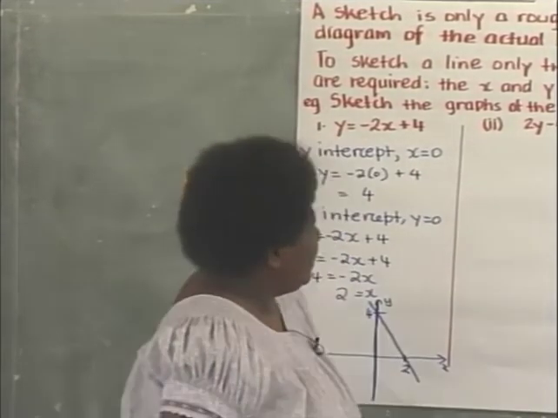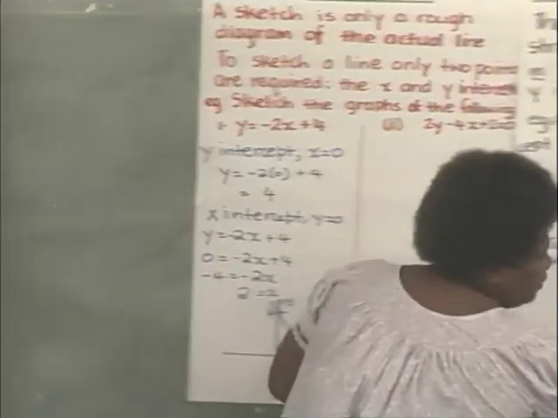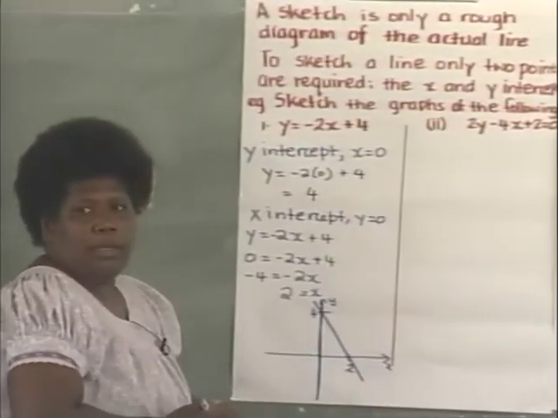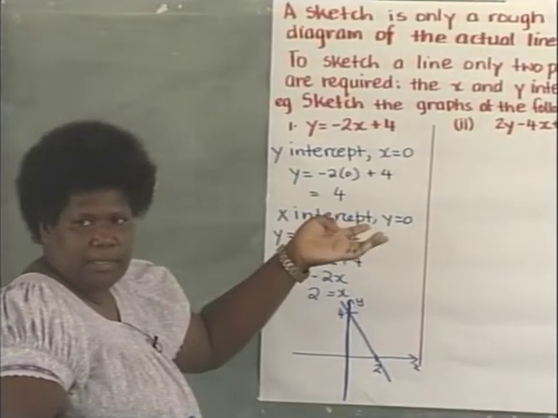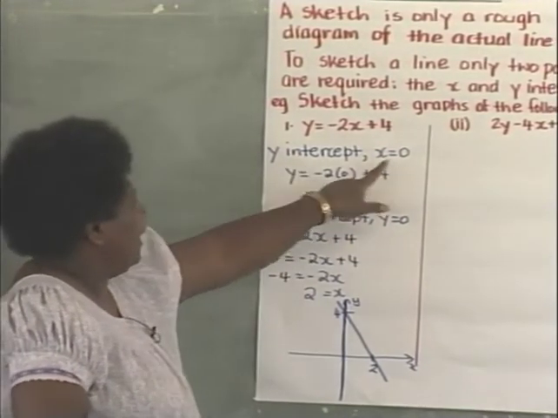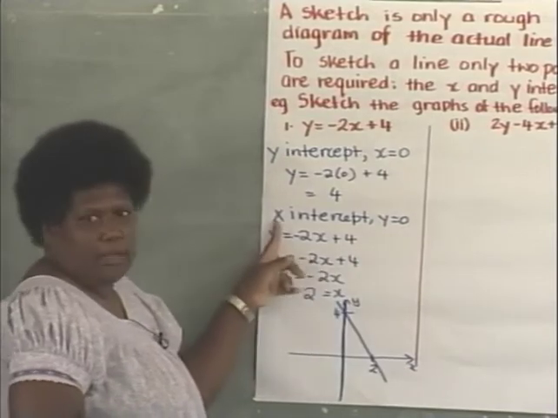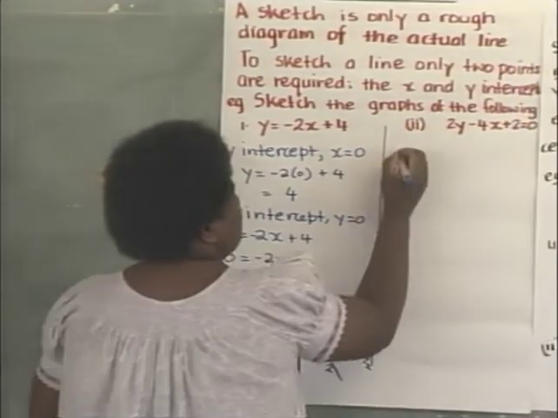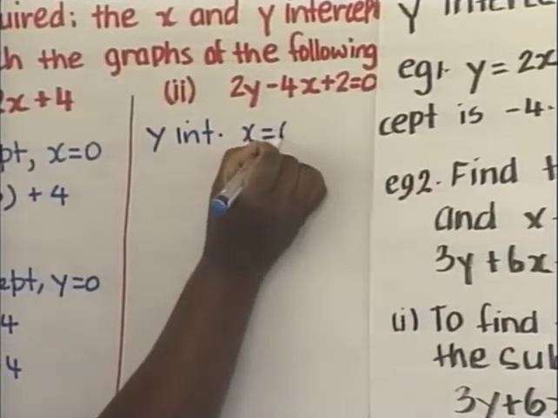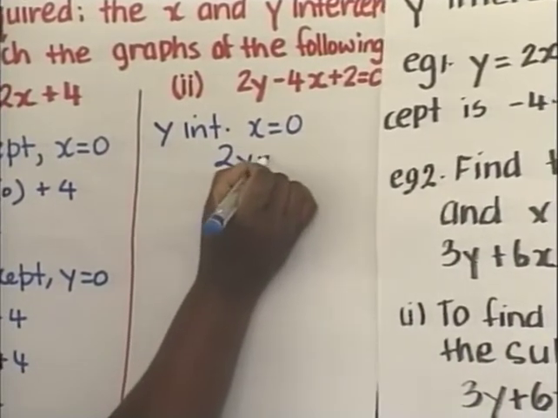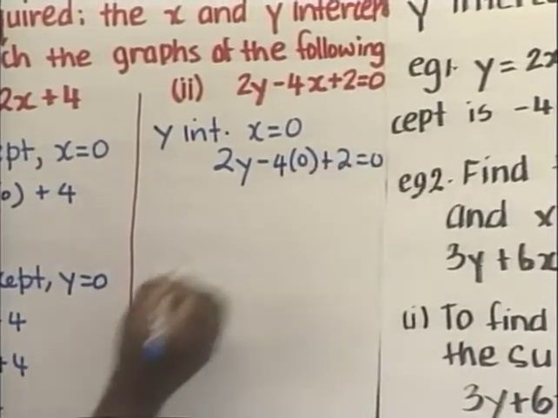Okay, let's do the other one: 2y minus 4x plus 2 is equal to 0. To find the x and y intercepts, you don't need to make y the subject. You just substitute x equal to 0 for the y-intercept and y equal to 0 for the x-intercept. First, to find the y-intercept, we make x 0. So 2y minus 4 times 0 plus 2 equals 0.